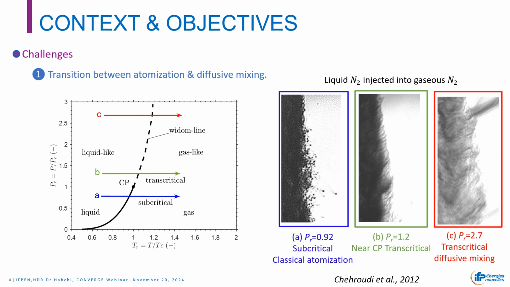In the first regime, in blue, at subcritical condition, when the reduced pressure is less than 1, we go from liquid to gas through the saturation line, which indicates that phase change is happening and that the surface tension is significant.